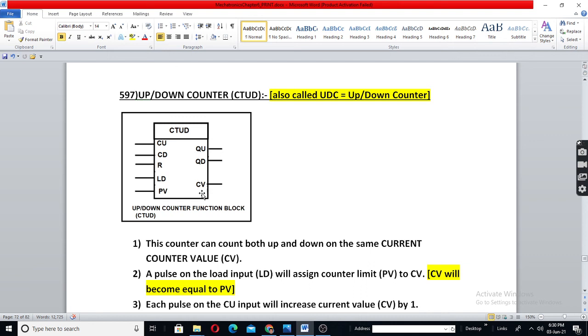If it reaches 0 at any time by giving pulses here, say 2, 1, 0, this will get reset. This will get set high. If more pulses are given here, this will increment and reach the preset value 15, and then this will get set.